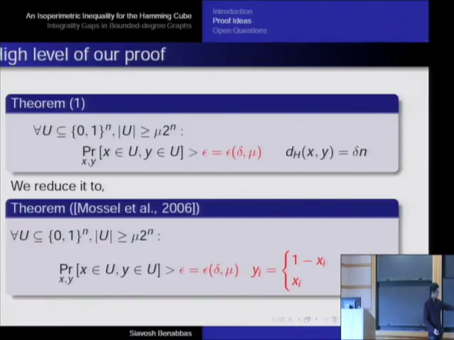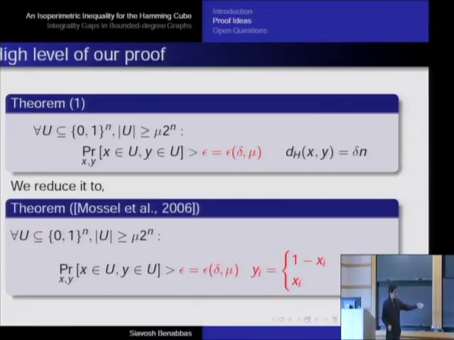So if you have a set of constant density, then if you choose x and y according to this distribution, where x is random and y agrees with x in each coordinate with constant probability, then the probability that x and y are in your set is at least a constant. And in fact, they proved a very nice explicit lower bound. So what we do is we reduce our problem to this case.